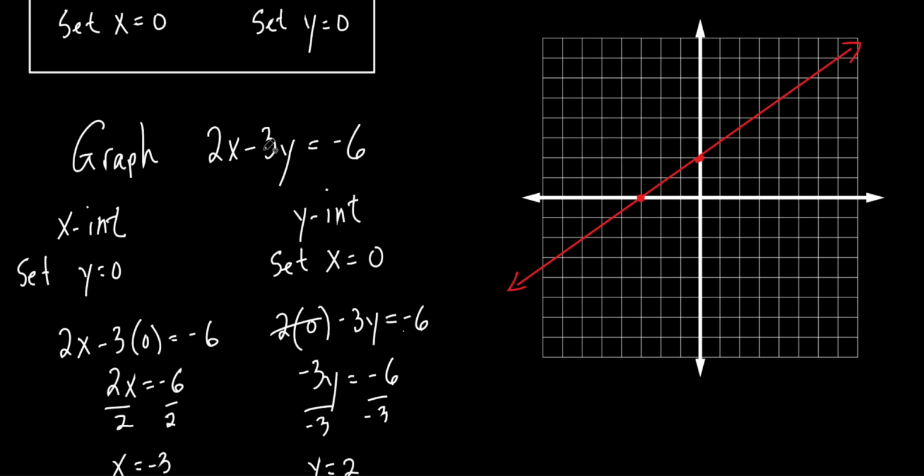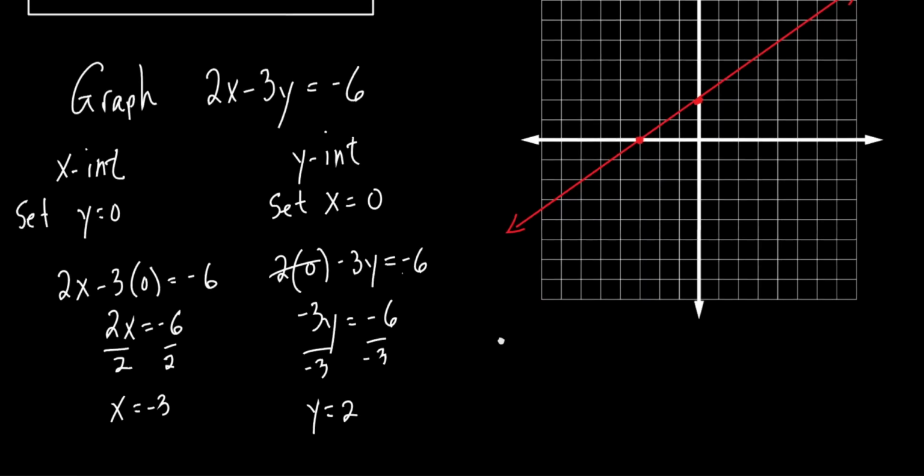Because it just completely gets rid of it. When I made this 0, it completely gets rid of it, and I can very easily solve for x. Same thing when I set x equal to 0. It just got rid of it, see right there? And then very easily you can solve for y. Then you just plot the 2 points, connect them, and you're done. You've got your graph. We okay with that? All right, good.